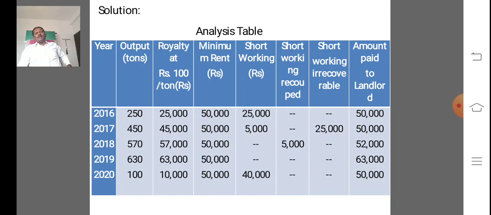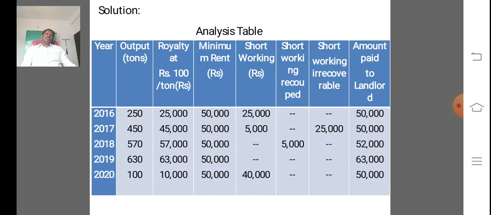So based on the information calculated, the output we are calculating, that output we enter in the output column. In 2016, 250, 450, 570, 630 and 100 units of output we are producing. Royalty is equal to 100 rupees per unit.